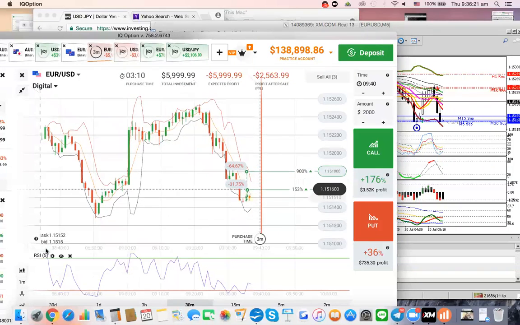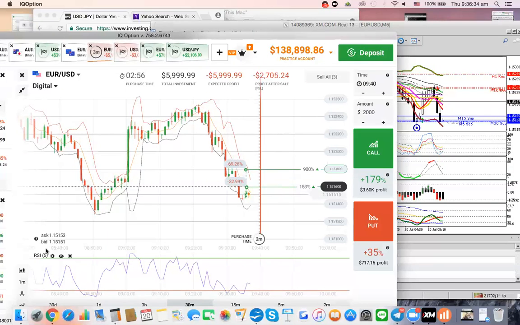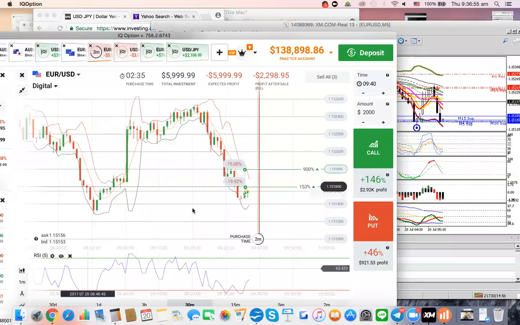But don't forget, this is the M5 chart. A sell level is indicated beside each of these options.